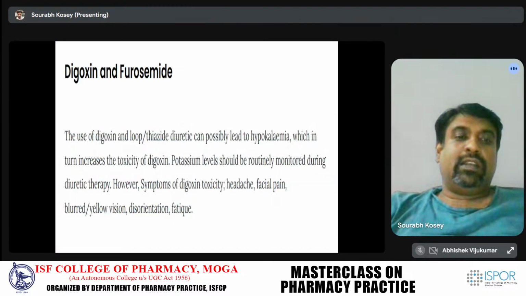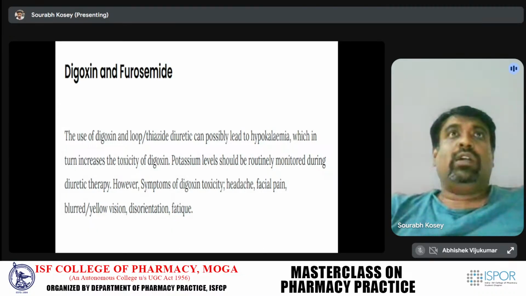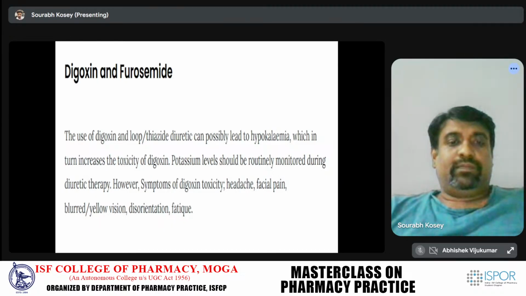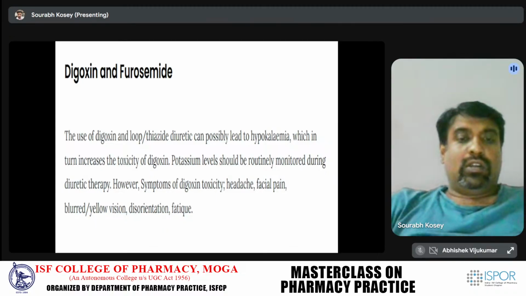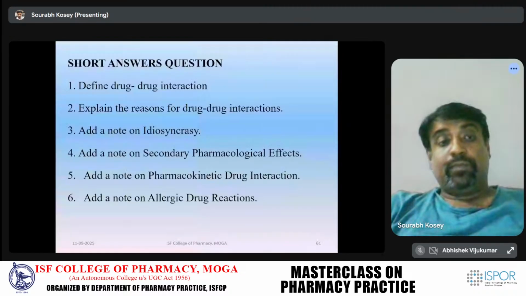Digoxin and furosemide, the use of digoxin and loop diuretics possibly leads to hypokalemia, which in turn increases the risk of digoxin toxicity. Potassium level should be routinely monitored during this therapy.